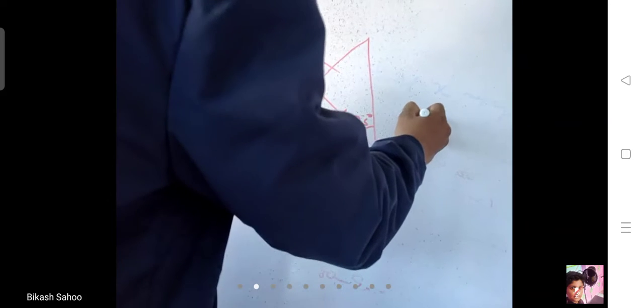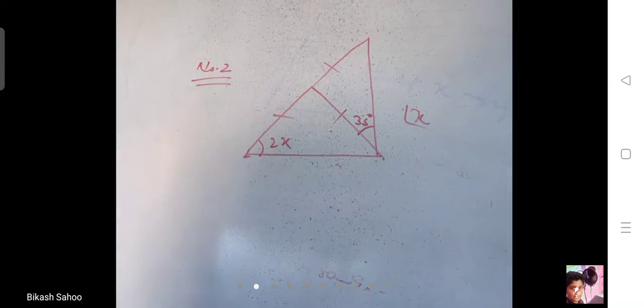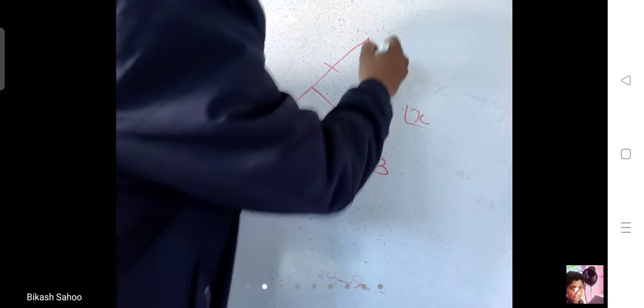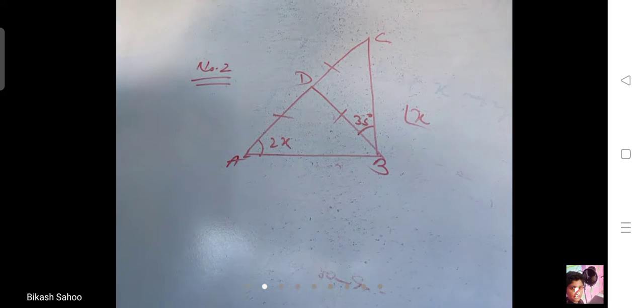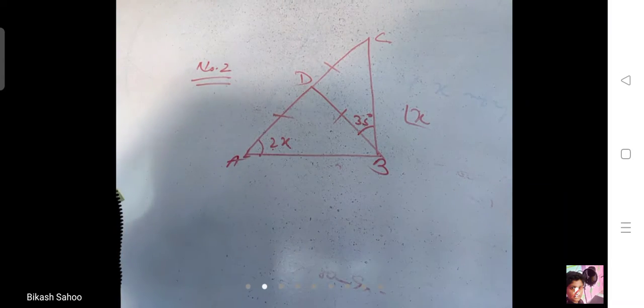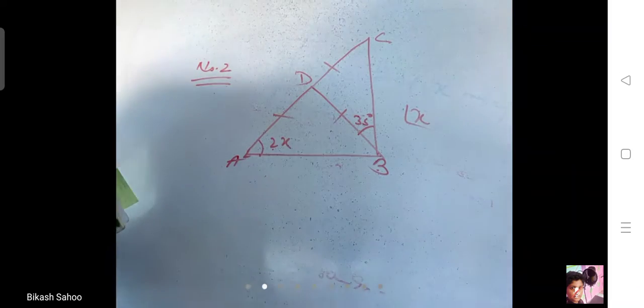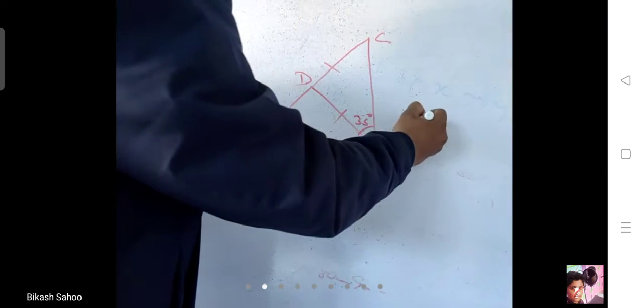So what is the value of x? Suppose name it triangle ABC and it is D point. The angle A is 2x and DBC angle is 35 degree. You find what is the value of x.